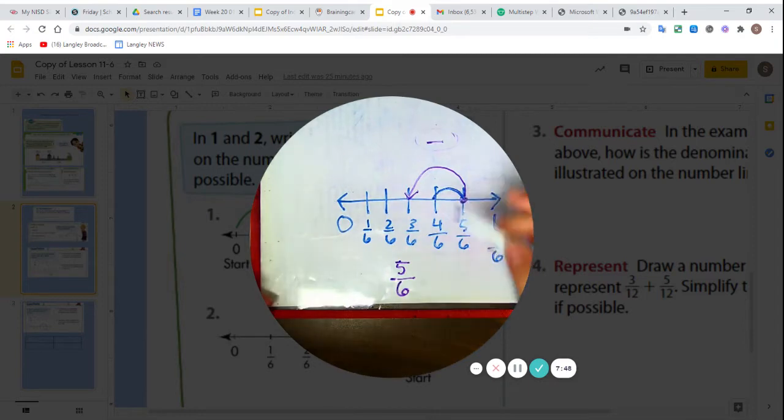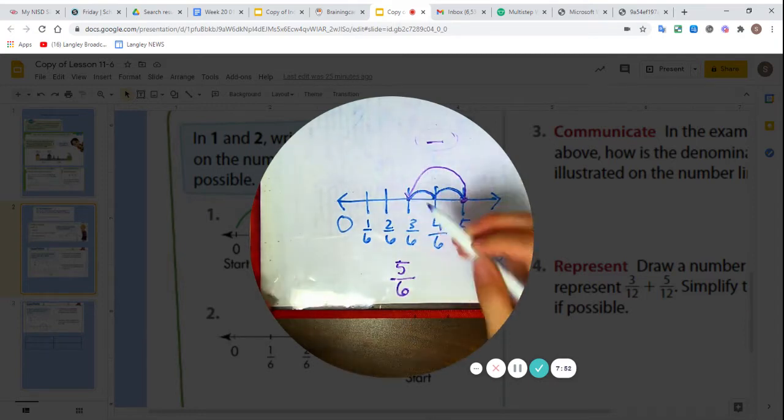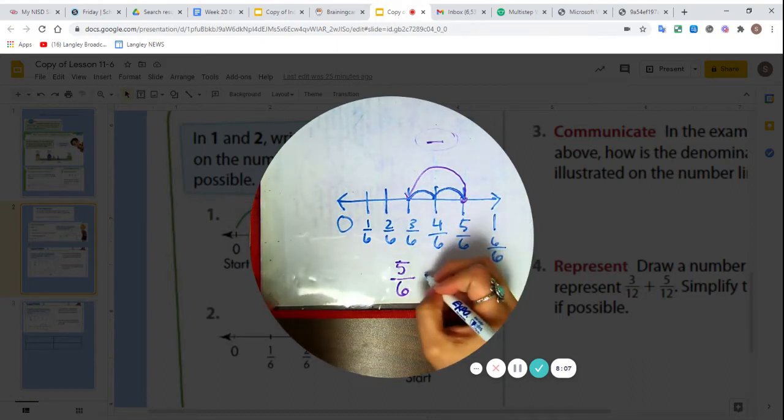Well, from 5/6 to 4/6, that's 1. And then from 4/6 to 3/6, that's 2. Okay, so one way of figuring it out is drawing the number line and actually drawing out those spaces that you move. So we went backwards 2 spaces.